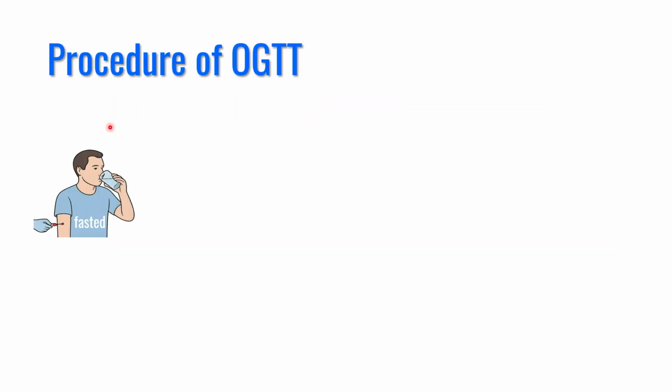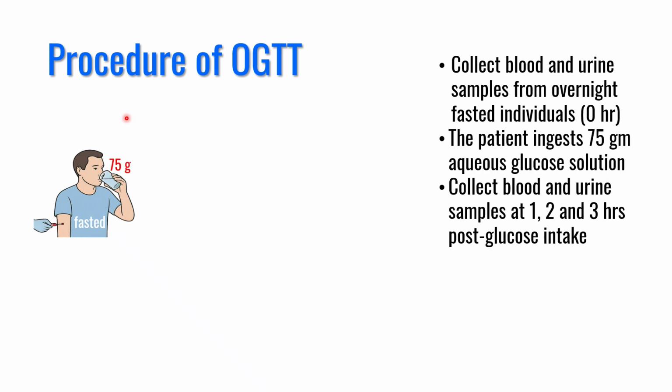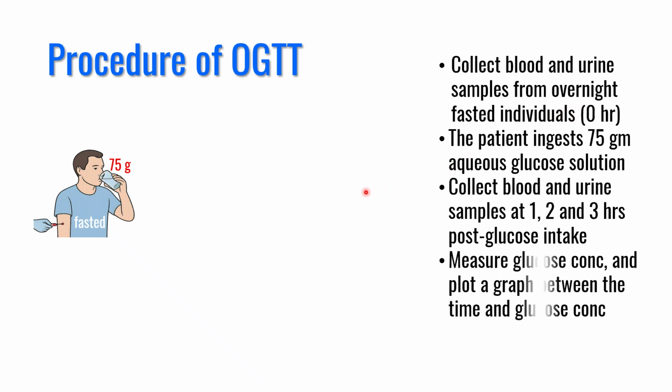Let us discuss the procedure of OGTT, or how the test is conducted. Blood and urine samples are collected from overnight fasted individuals. The fasting should be minimum 8 to 12 or 14 hours and that time is designated as 0 hours. The patient is then asked to ingest 75 gram of glucose solution within 5 minutes.